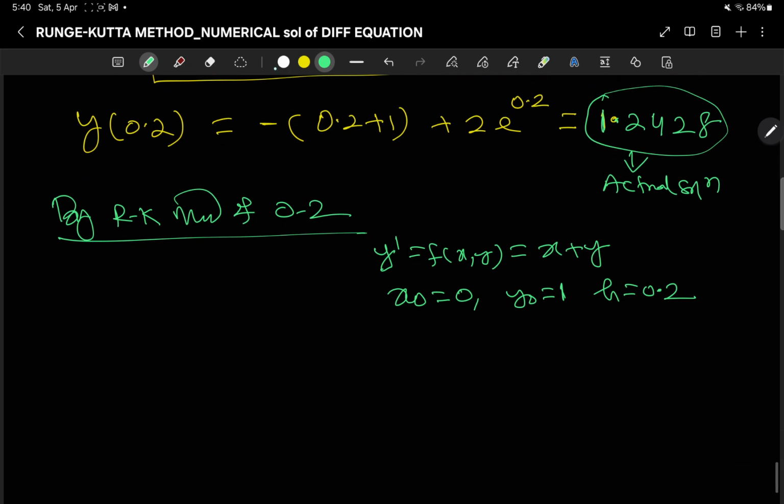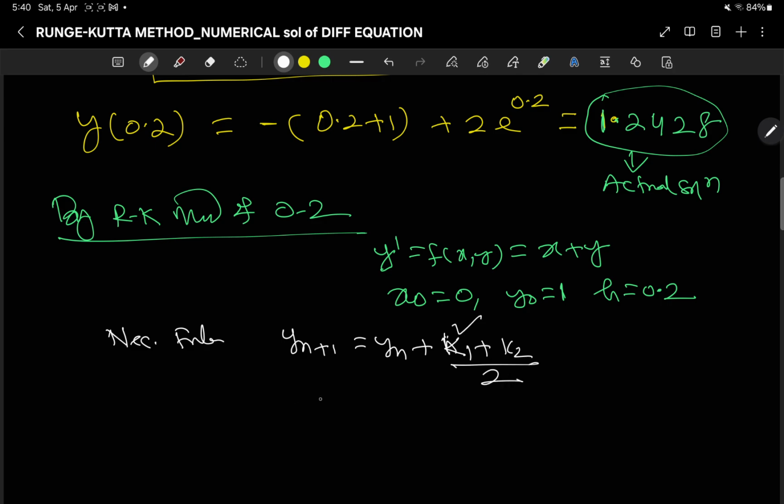So the necessary formula is y(n+1) is equal to yn plus (k1 plus k2) divided by 2. We need to find k1. k1 is h f(xn, yn), and k2 is h f(xn plus h, yn plus k1).